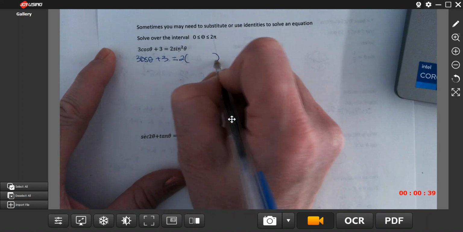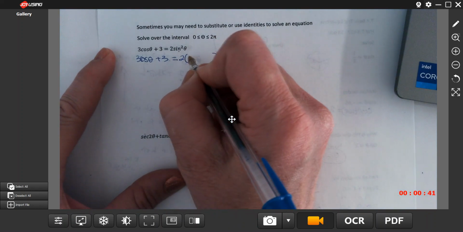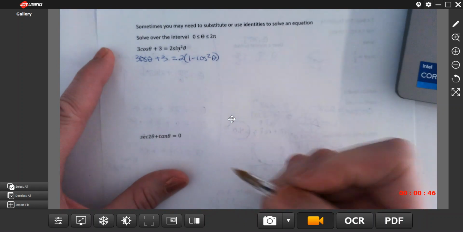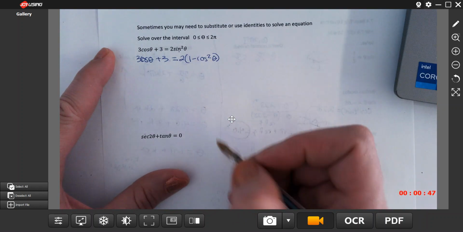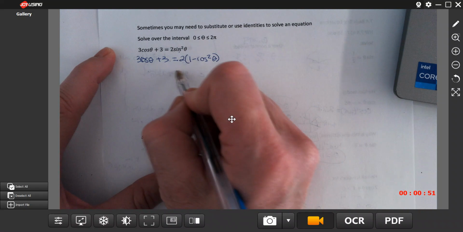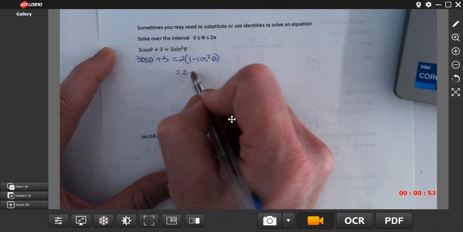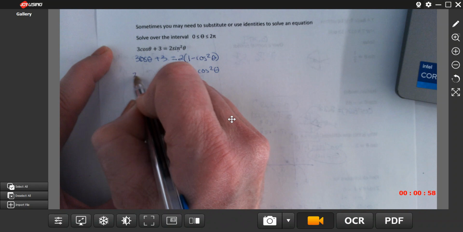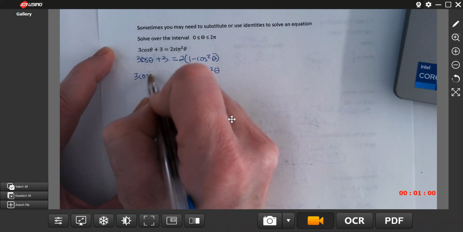And the right-hand side, I'm going to replace sine squared theta with 1 minus cosine squared theta. And now I'm going to distribute and move everything to one side and hope that it factors. So 2 minus 2 cosine squared theta. Didn't do anything to the left.